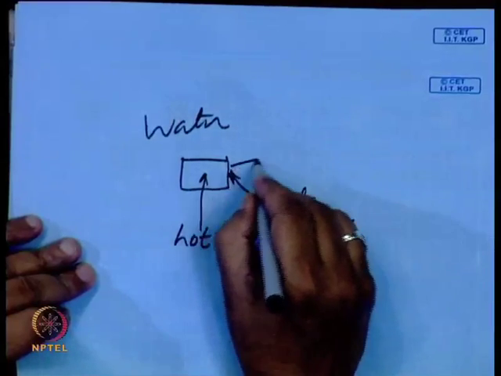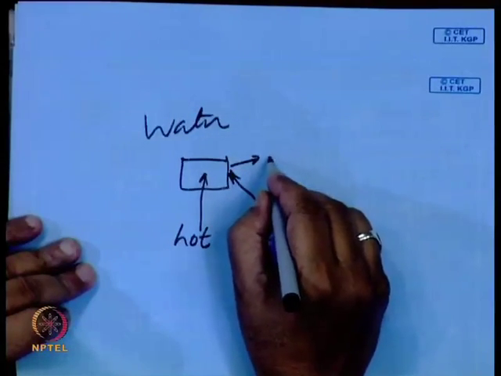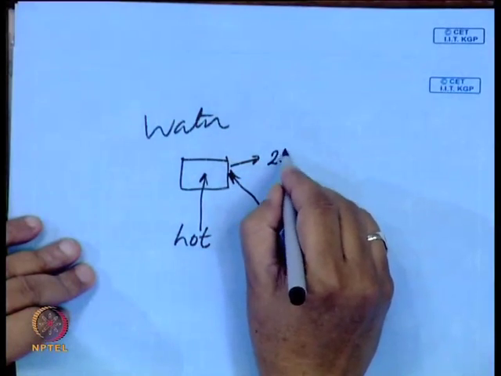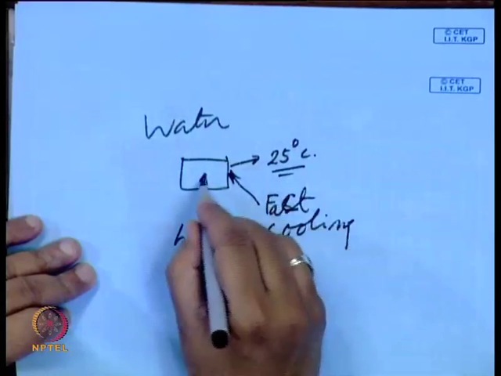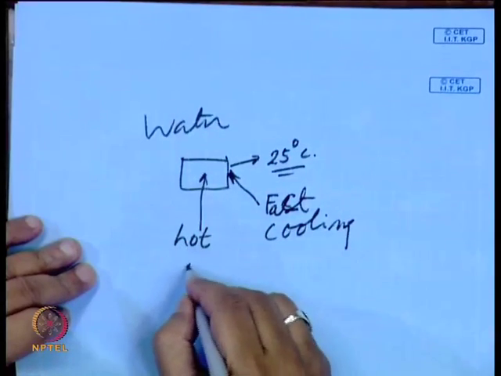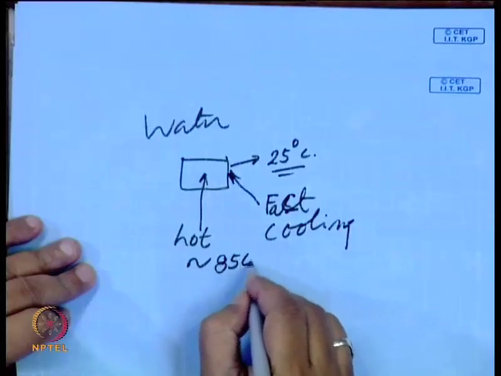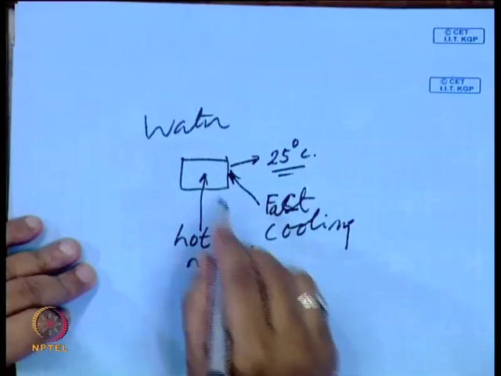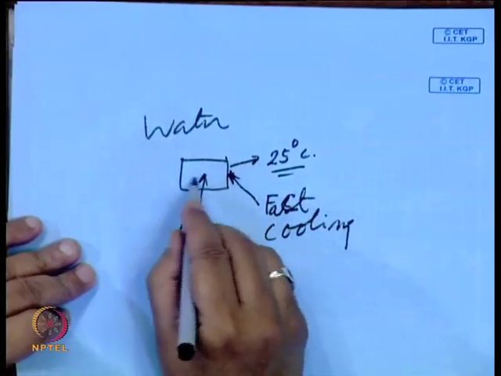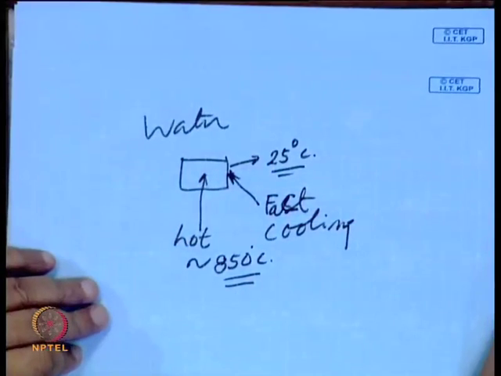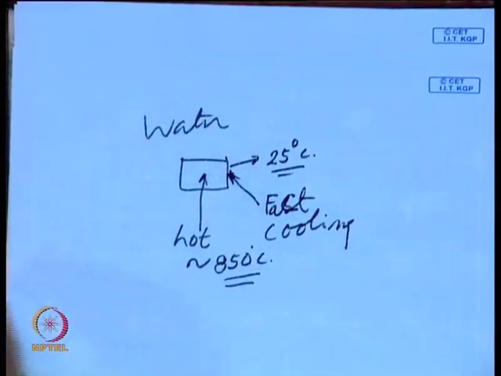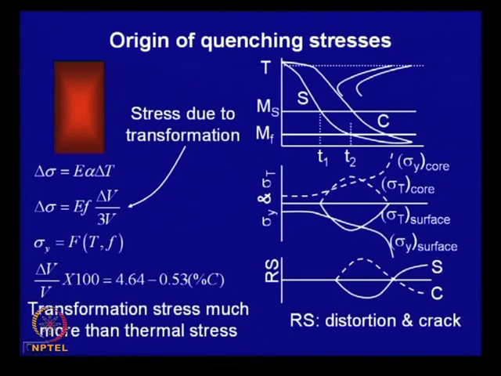This outside temperature possibly will come to the water temperature, maybe room temperature, 25 degrees centigrade, but the inside still remains hot, maybe close to 850 degrees centigrade depending on the carbon content. So, there will be a large temperature gradient set up, and this gradient can lead to thermal stresses, no doubt, which is shown over here.